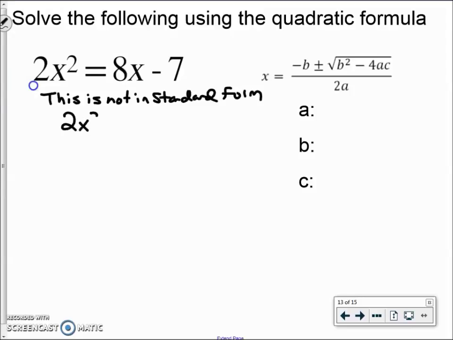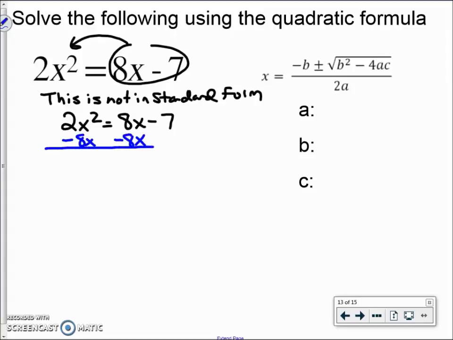So 2x squared is equal to 8x minus 7, which means I need to move these terms over to here. In order for me to do that, I need to subtract 8x from both sides. That will give me 2x squared minus 8x is equal to negative 7.